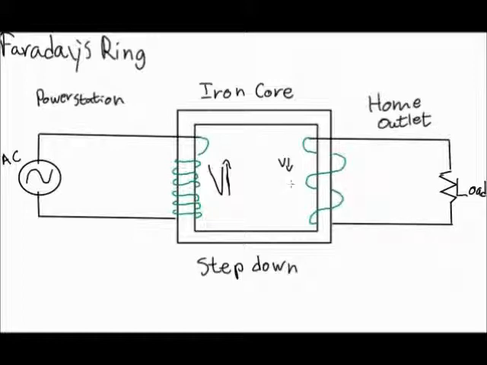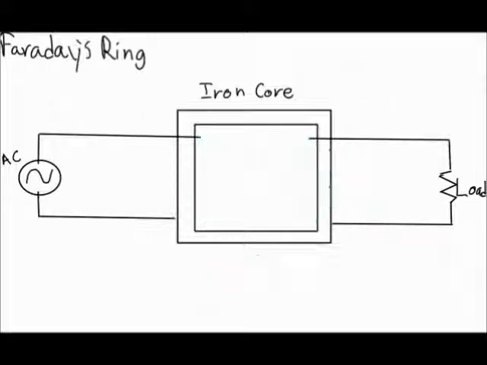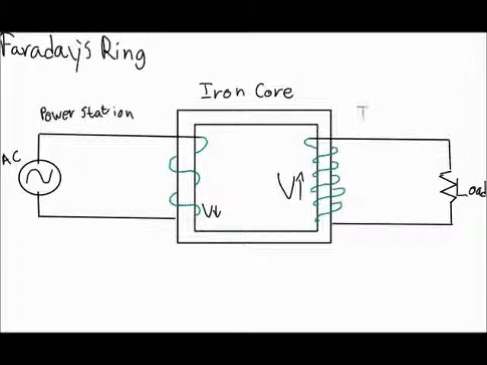If we want to have more power or more voltage on the load side than we have on the alternating current side, we would have fewer coils or turns of copper wire on the left and more on the right to increase the voltage on the right. And this is called a step-up transformer.